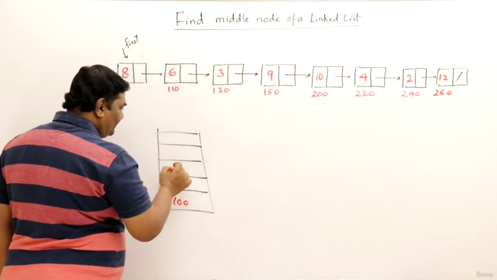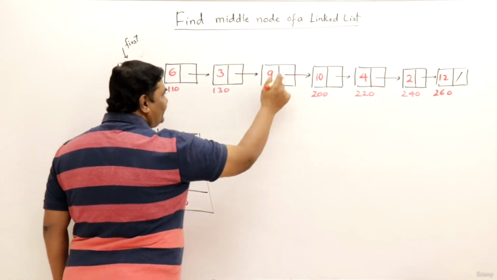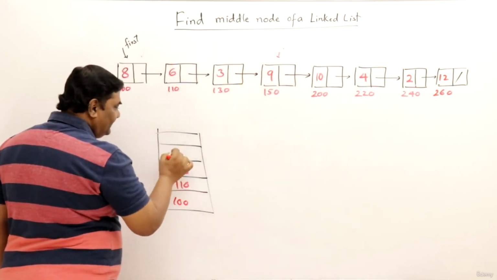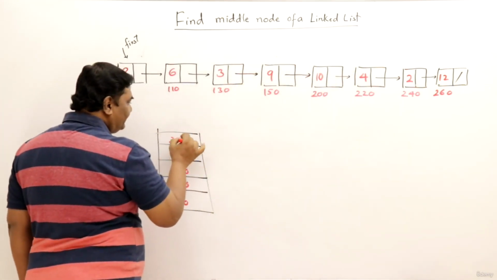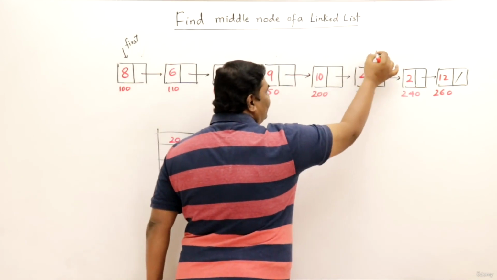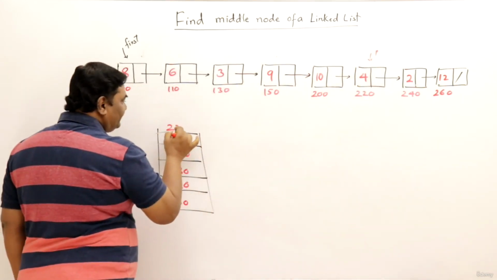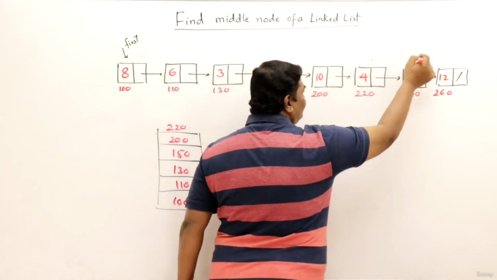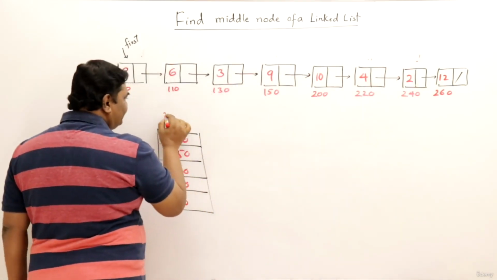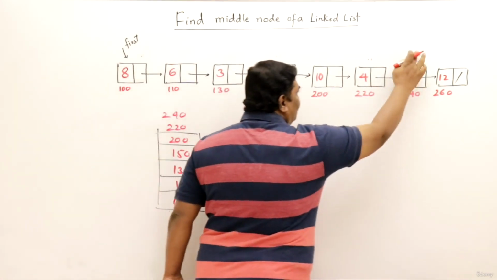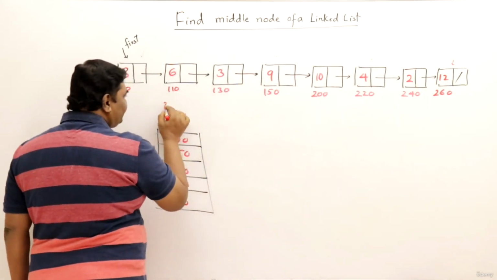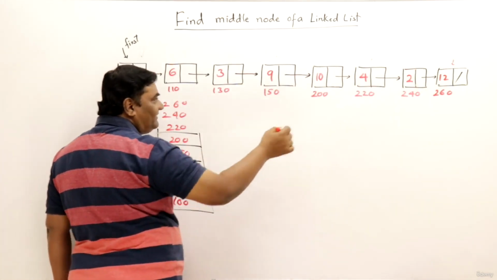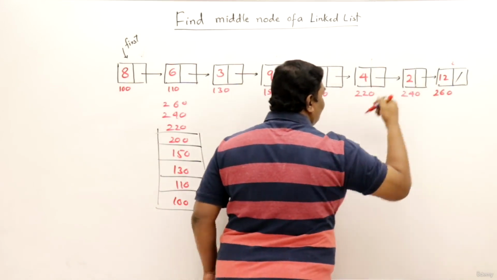Then P moves to the next node, it's 130. Then P is here, so 150 is inserted. Then P is here, so 200 is inserted in the stack. Then P moves to the next node, so 220 is inserted into the stack. Then P moves to the next node, so 240 is inserted into the stack. Then P moves to this next node, so 260 is inserted into the stack, right? Then P becomes null, so stop.